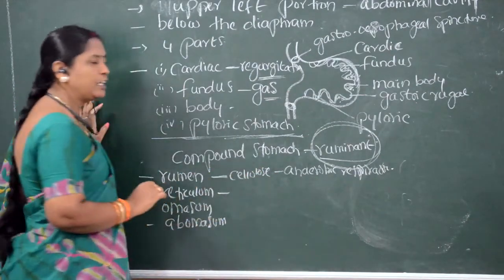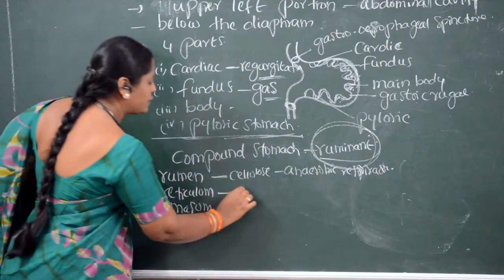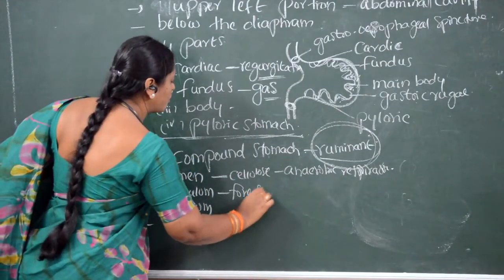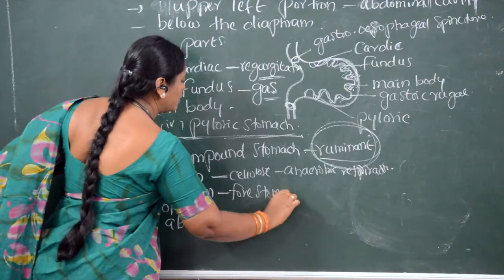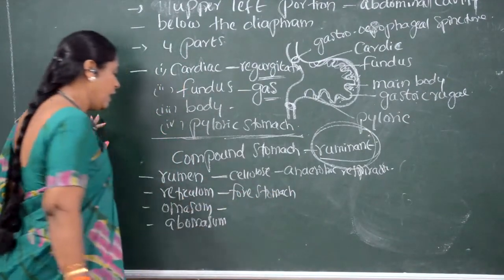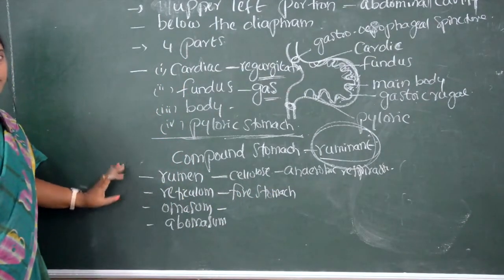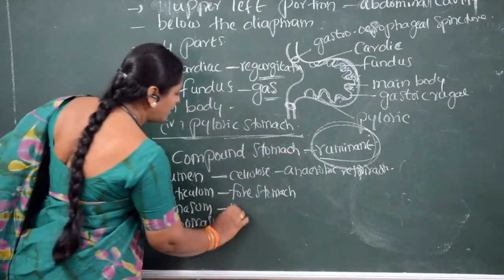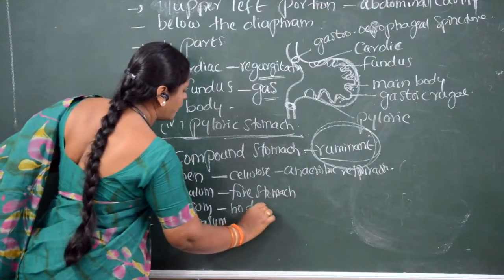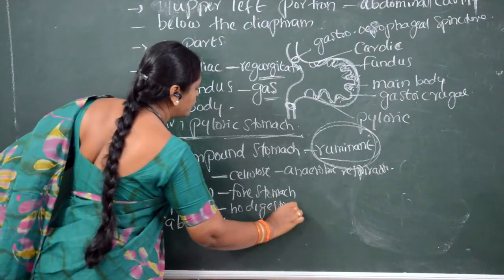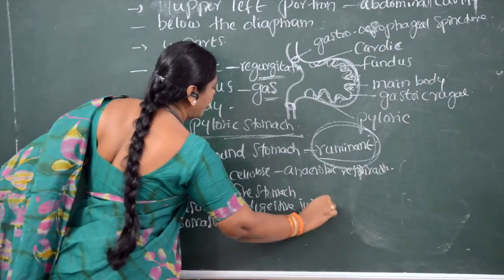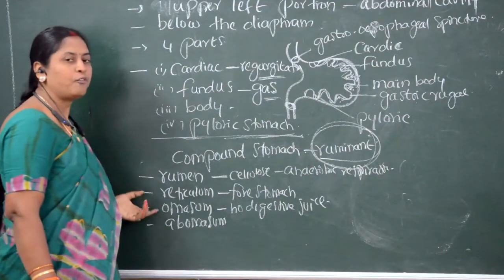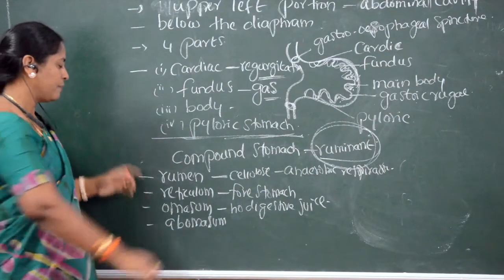The reticulum is known as the spore stomach. Whereas the next part is called the omasum. In the omasum, no digestive juices are formed.